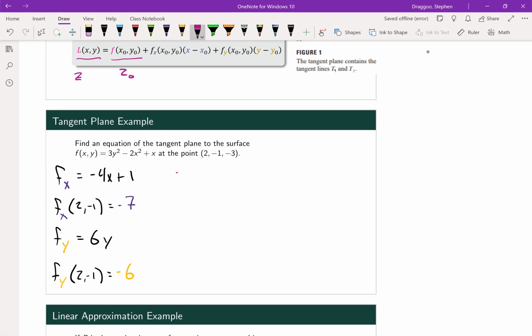So the tangent plane should look like z minus z naught is equal to f partial x at the point, but for simplicity's sake, I'm just going to leave it f partial x, times x minus x naught, plus f partial y, and again, this should be at our point, but for simplicity's sake, times y minus y naught.